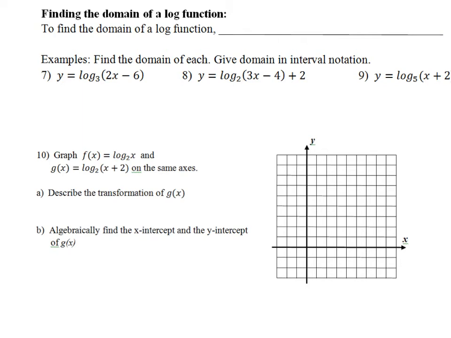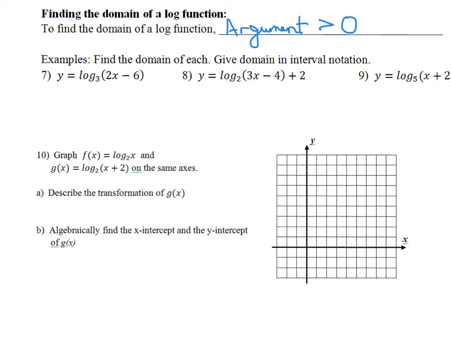So when I'm given a function that's a log that has been transformed or shifted, to find the domain, I'm going to have to make sure that the argument, the thing that I'm taking the log of, has to be greater than 0. Now you'll notice that I'm not including 0 because x equals 0 is a vertical asymptote for that graph.